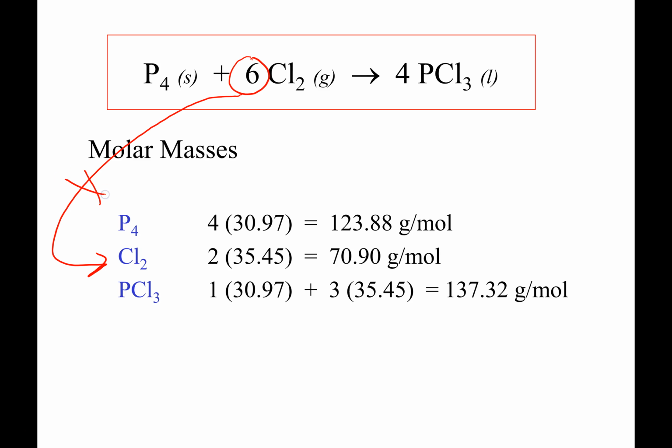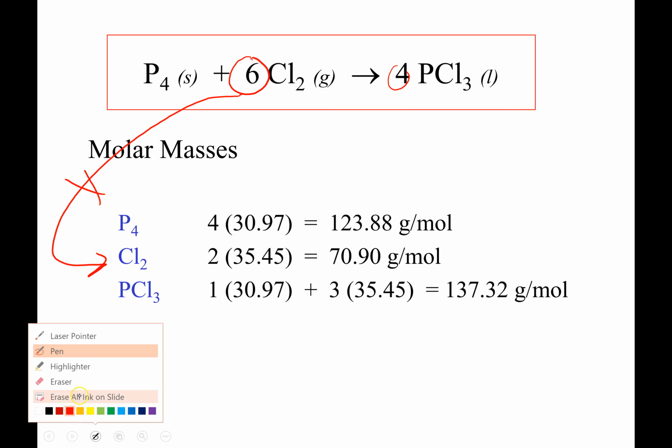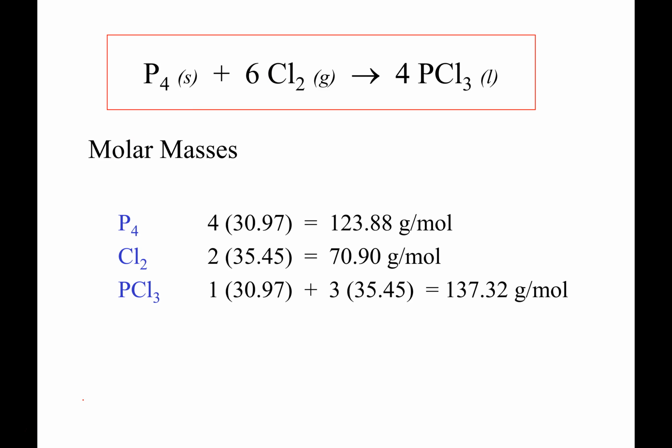And no, you don't. This molar mass is independent of the fact that we have 6 moles of Cl2, okay? Do not take that number, nor this number. Molar masses are what they are. Okay, good. So let's do it.